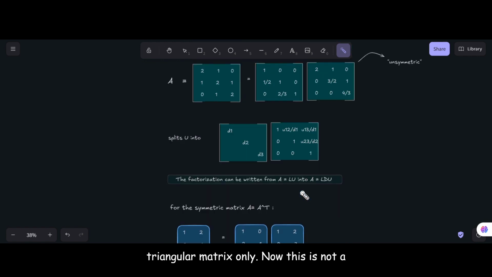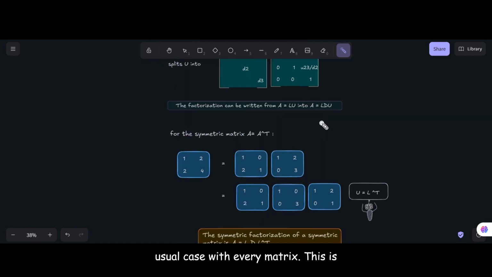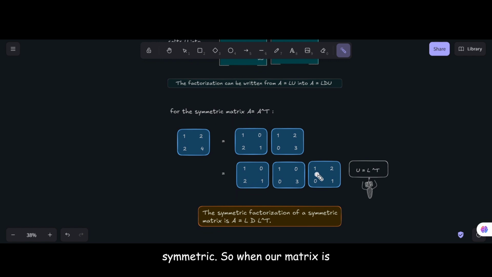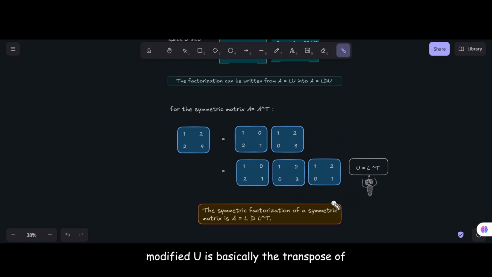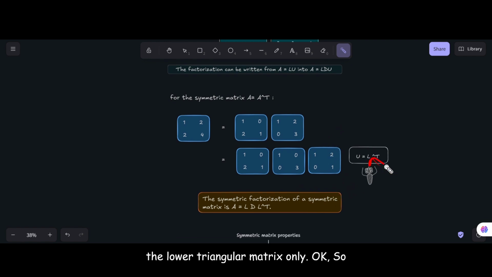This is not the usual case with every matrix. This is only possible when our matrix is symmetric. So when our matrix is symmetric and we decompose it into LDU form, the modified U is the transpose of the lower triangular matrix.